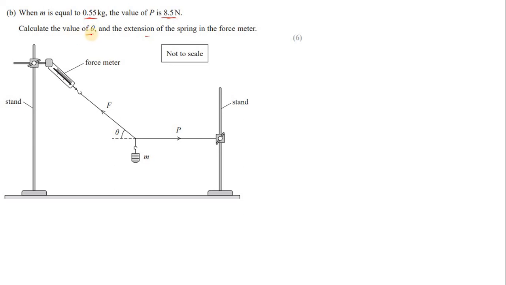Okay, so the idea is, in order to find theta, this is a vector diagram. We have forces. So we resolve force F into its components. Clearly, this F has two components. This is the tail of the force. So we can draw a horizontal force in this direction. This is the X component or horizontal component, or the better way is adjacent component. And this adjacent component will be F cos theta.